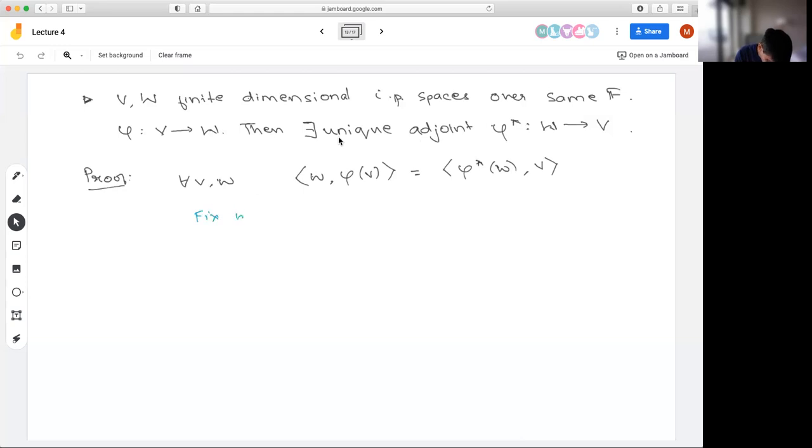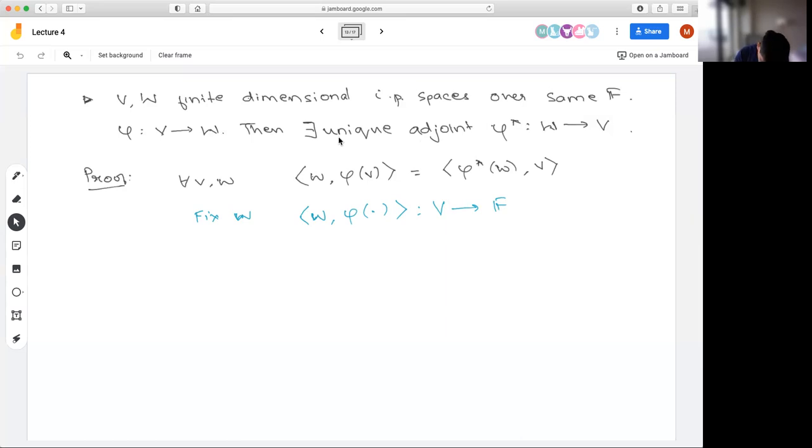Just noticing that if you fix a W, then if you look at what this inner product looks like as a function of V, then it's mapping the vector space to a field element.